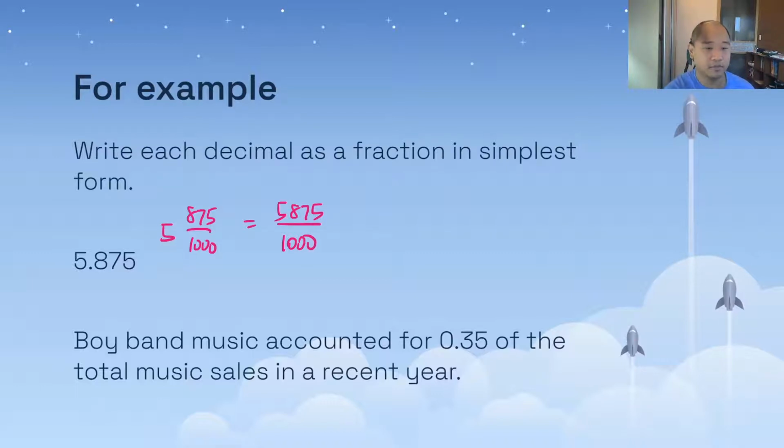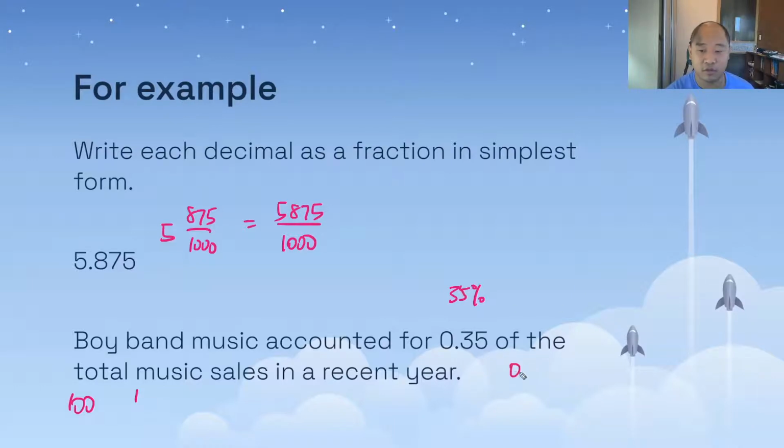Okay, second one. Boy band music accounted for 0.35 of the total music sales in a recent year. Everyone loves those boy bands, right? So the total music, this is the same thing as 35%, 0.35. And the total music is 100%, right? Which is also the number 1.